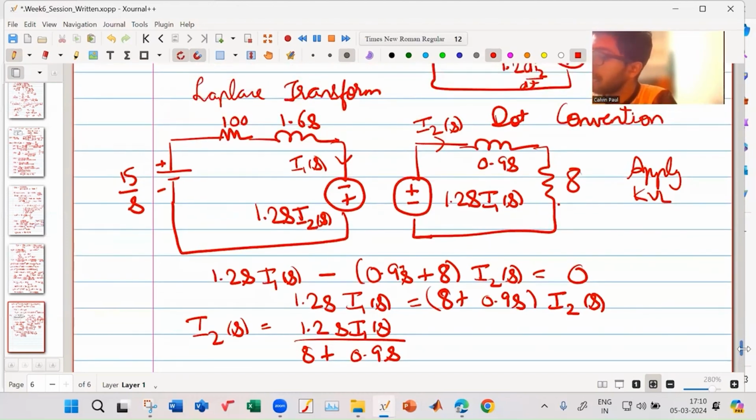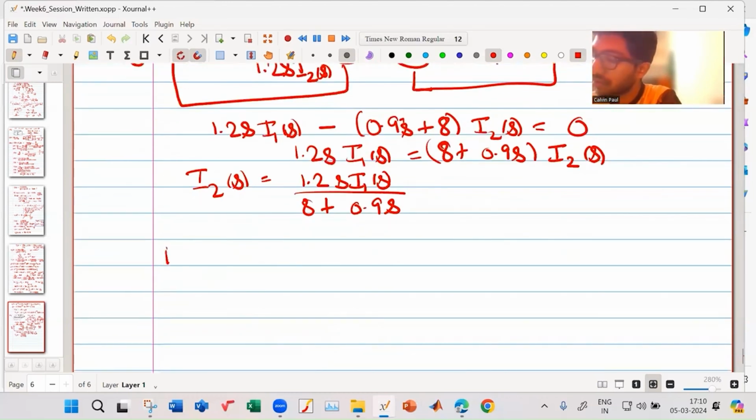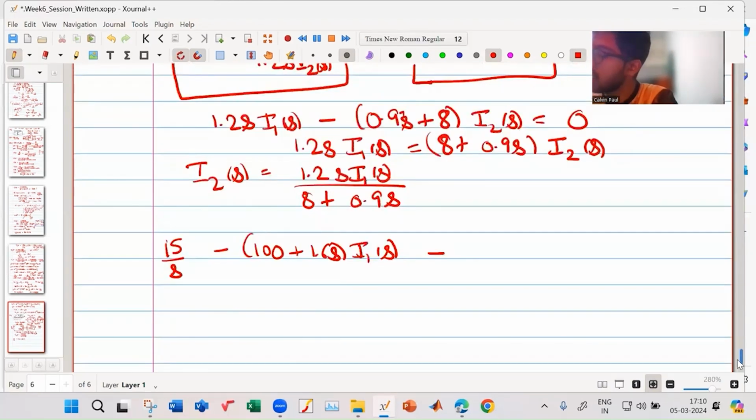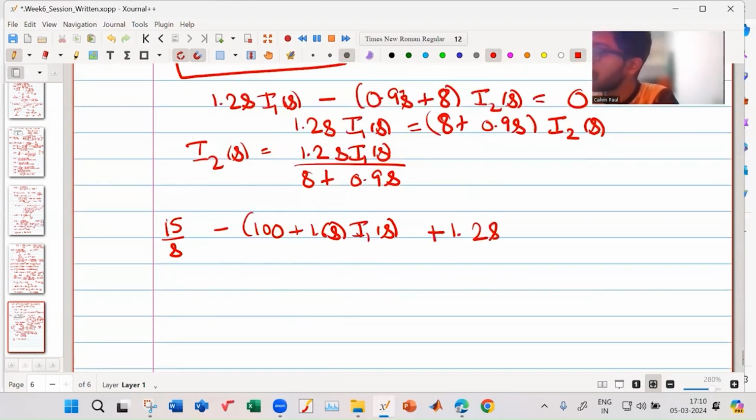Now I will apply KVL in loop 1. When I apply KVL in loop 1, what will I get? 15 upon s minus 100 plus 1.6s into I1 of s, then minus to plus, so plus 1.2s into I2 of s is equal to 0.